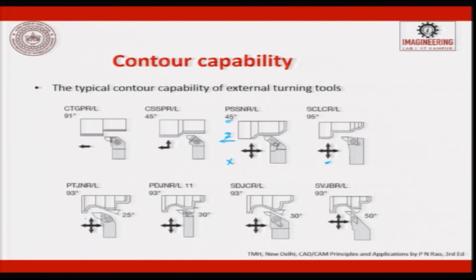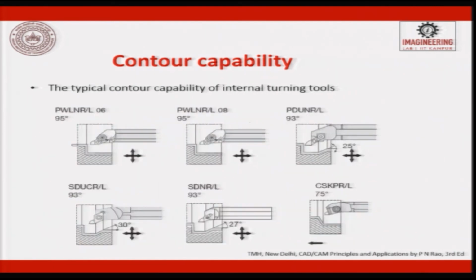Then you can also try to have a profile on it. This is 93 degrees, 25. This is the angle at which it enters inside, 30, 30 and 50. If you want to make internal threads, that is also possible. These are some of the variations for your knowledge.